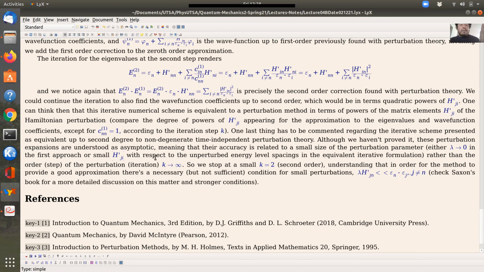Let's say you fix the value of lambda as equal to 1, then h prime has to be small. Let's say that you have a fixed perturbation, h prime, that is in principle not small. You have to make lambda small by going to the limit. So that's where the perturbations make sense, because otherwise you might have a divergent series, as the problem of 2 lectures ago for a general two-dimensional system showed.